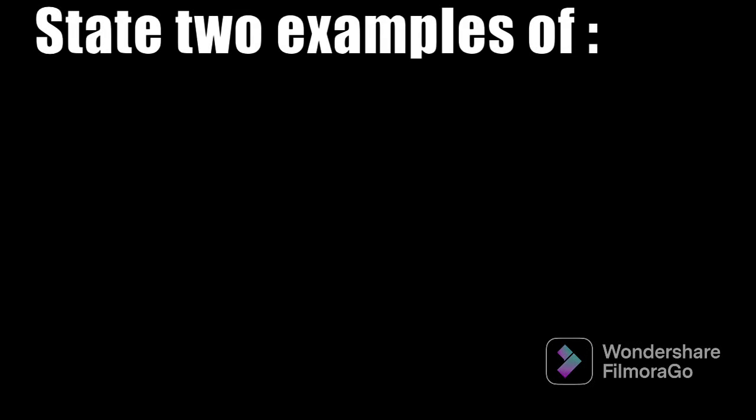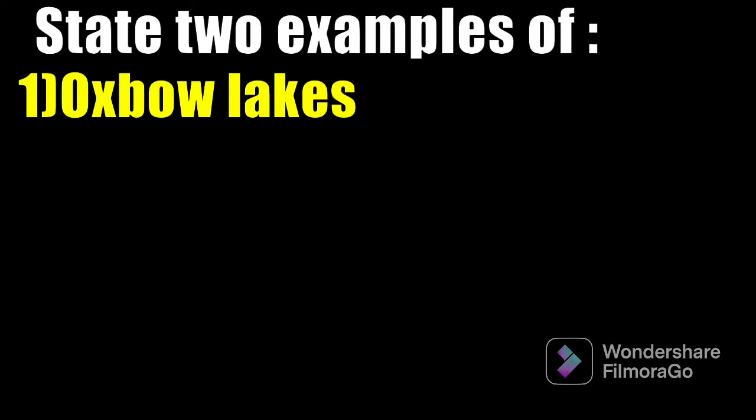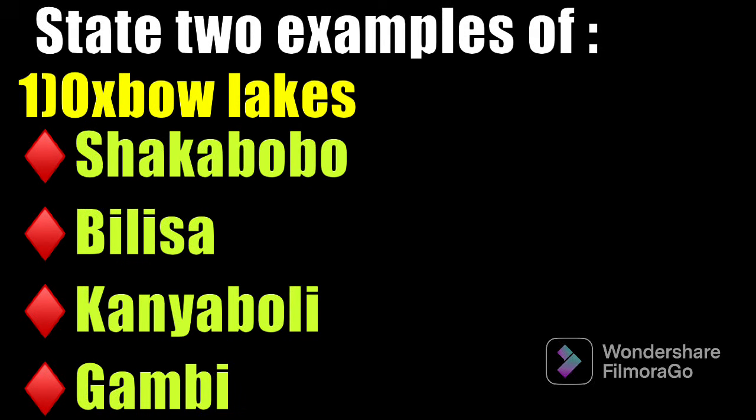State 2 examples of 1. Oxbow lakes: Shakabobo, Bilisa, Kanyaboli, Gambi. 2.